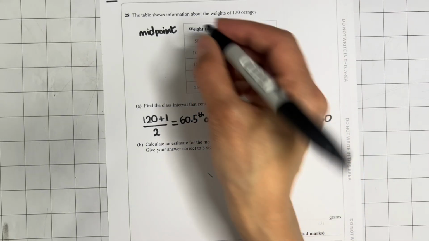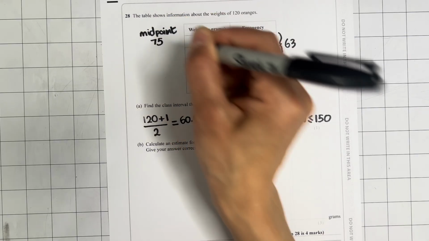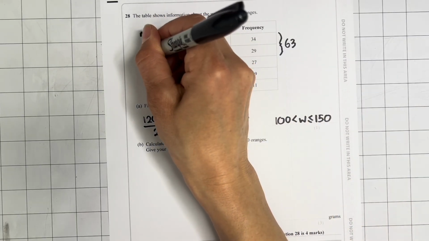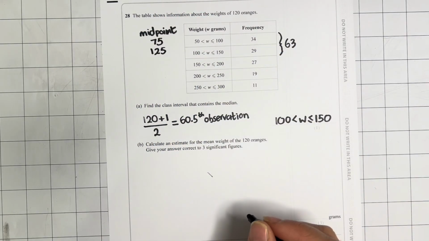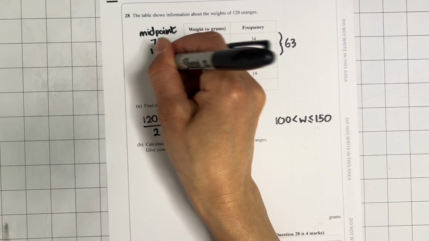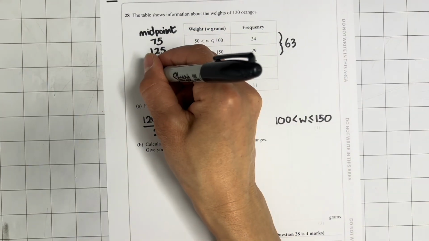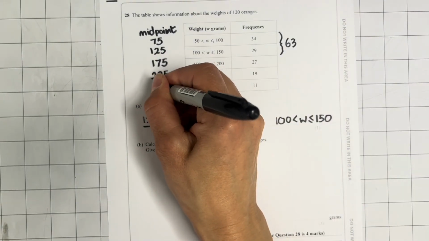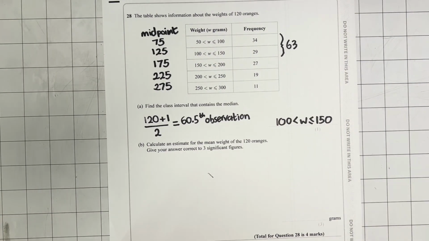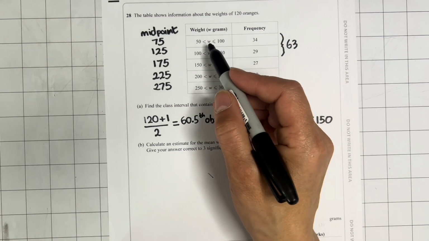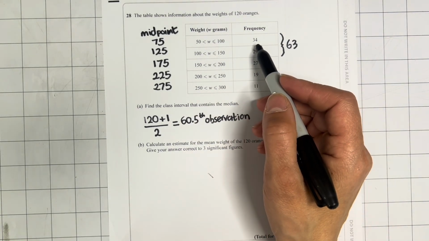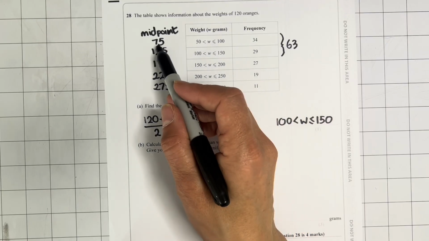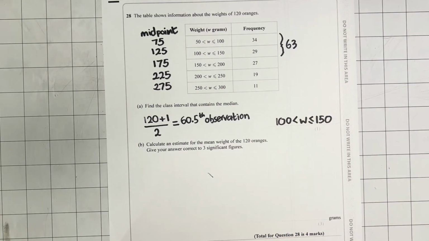So the midpoint here would be 75, and then 125, 175, 225 and 275. So here we're assuming that these 34 observations on average are all going to be 75.